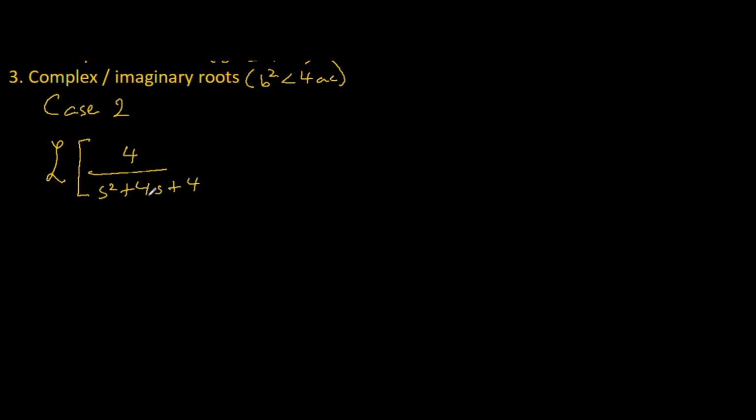Now, if you look at the denominator, I have just simply made that s plus 2 squared. That's intentional. So we're finding the inverse Laplace transform of this. That's the same thing as saying we're finding the inverse Laplace transform of 4 over s plus 2 into s plus 2. Now that is s plus 2 squared.